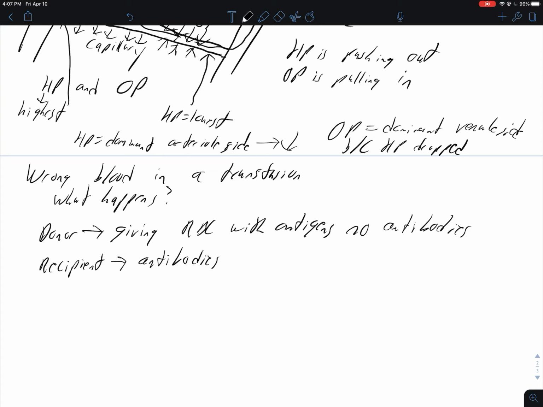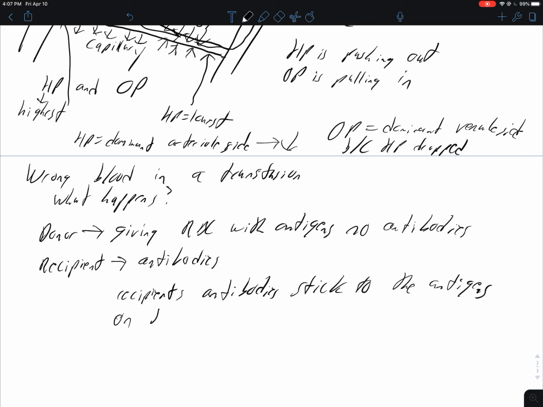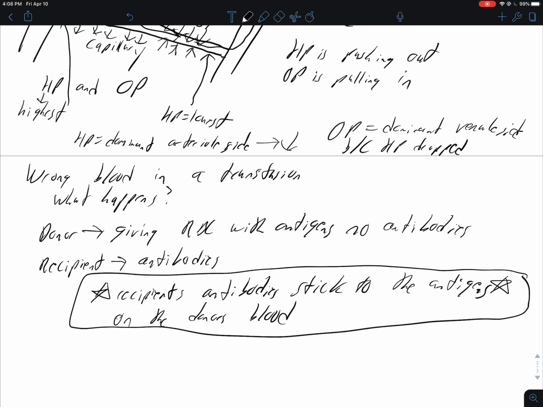If we give the wrong blood, what happens is the recipient's antibodies stick to the antigens on the donor's blood. All right, so there were a bunch of different variations of that sentence as options on the exam, and a lot of you just got mixed up with the words, but that's what would happen. The recipient's antibodies stick to the antigens on the donor's blood. Okay? All right.